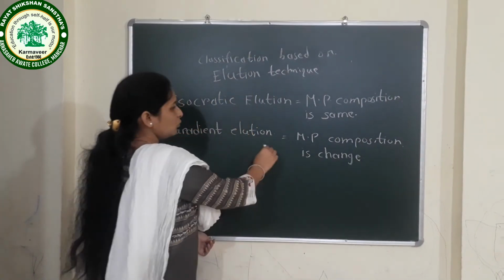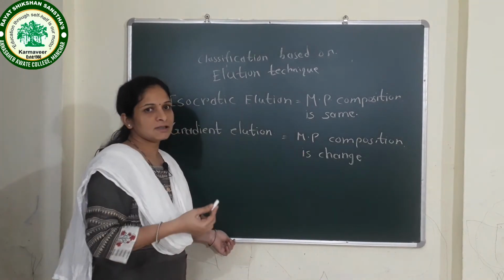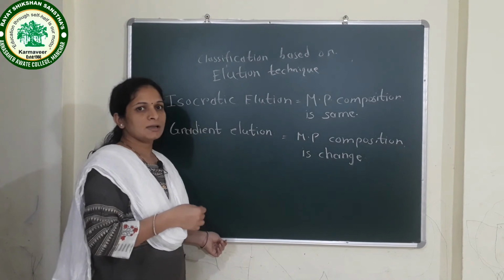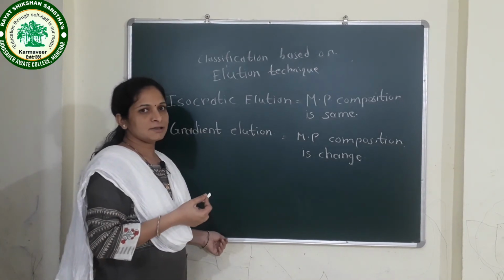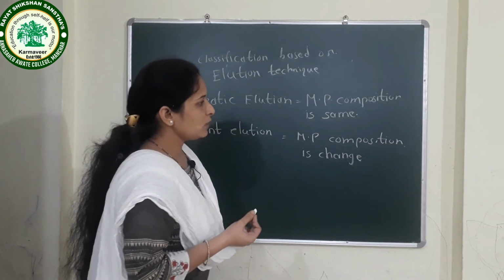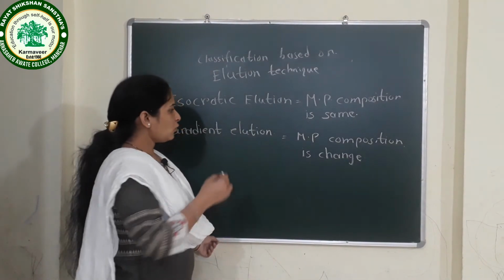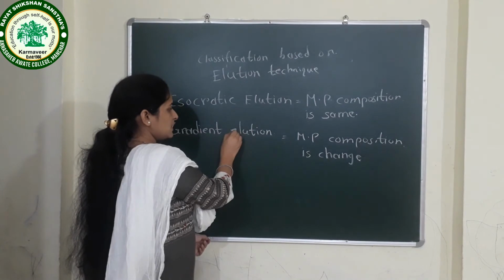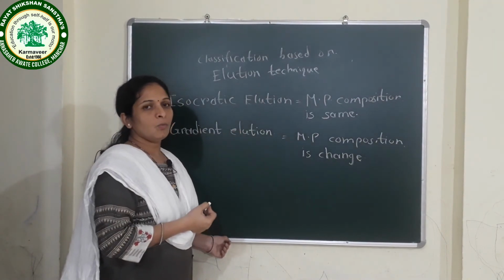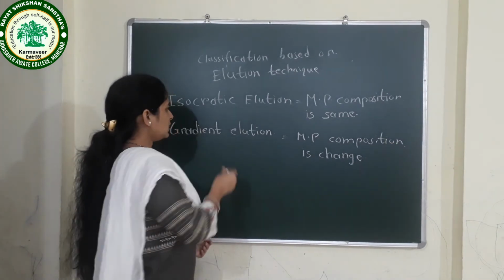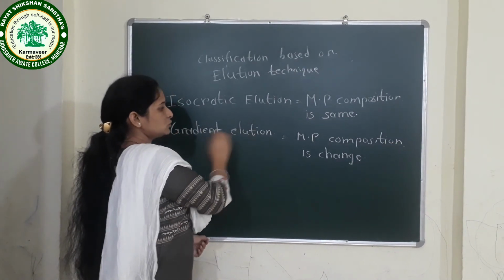By increasing the mobile phase composition, what happens? The separation will increase, efficiency will increase, and we get the peaks in very short time. Therefore, to reduce the time of the elution, we can increase the composition of the mobile phase. That is what? Gradient elution.